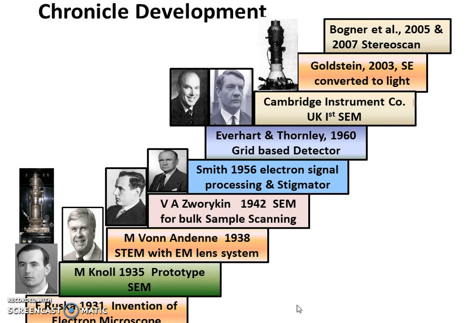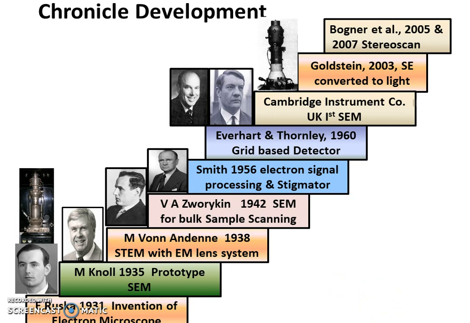After that, M. von Ardenne presented the concept of STEM with the electromagnetic lens concept. In 1942, V. A. Zworykin presented the concept of bulk sample scanning. Smith presented electron signal processing and the stereometer concept, and Everhart and Thornley in 1960 presented the concept of a grid-based detector.